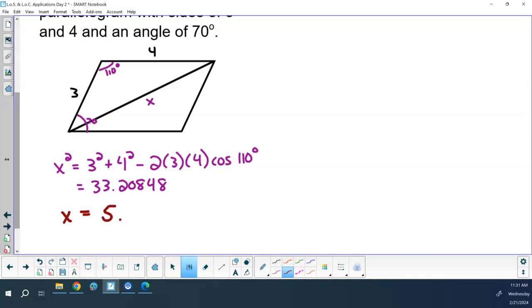That's what I got. Because you got 5.76, we'll go 5.76. Because you got it, I was going to go 5.8 for half a heartbeat. And then that's what I got, 5.76. Okay.